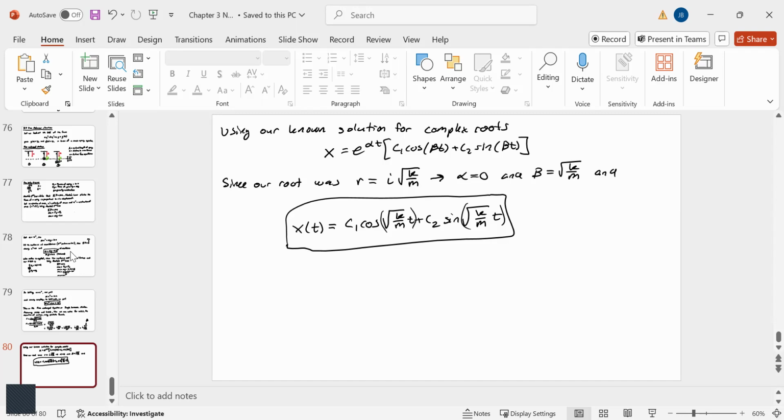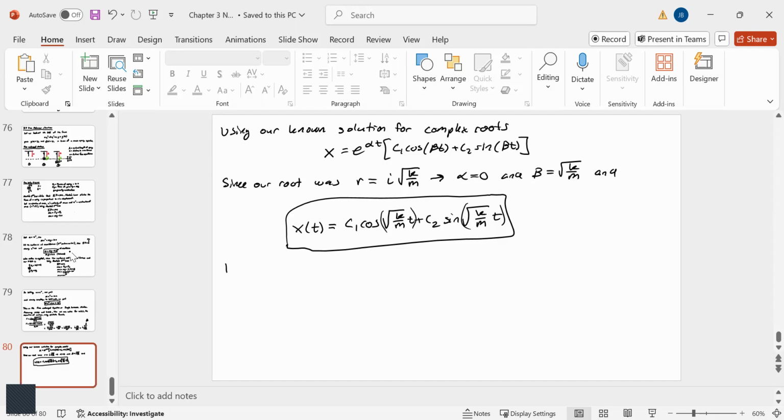It's already been done. Now, because we're going to be dealing with frequencies and stuff like that, there is another interpretation of this equation that is the same thing. Like it's the same answer. It just looks different. So we're going to talk about that now.